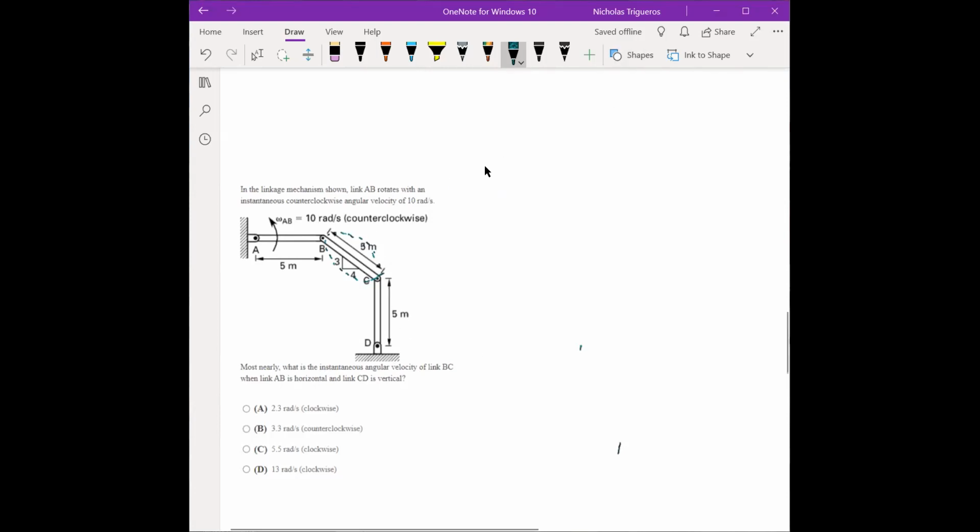So we're going to have link BC that I'm going to draw carefully, B and C. We know the length of it is 5 meters, and we know it's at an angle of a 3, 4, 5 triangle.